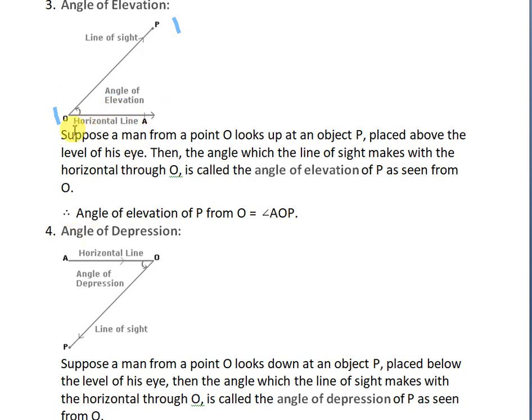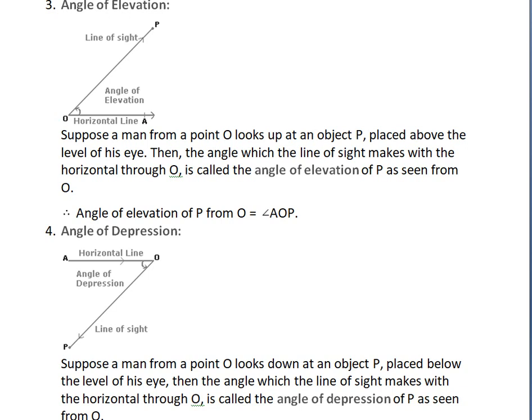If we take a real life example, when you look at the sky, the angle you make with the surface of the earth is the angle of elevation.